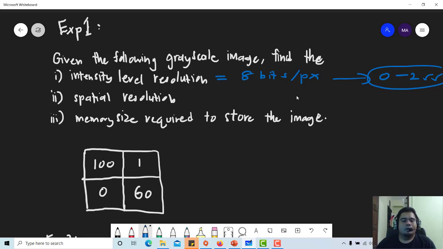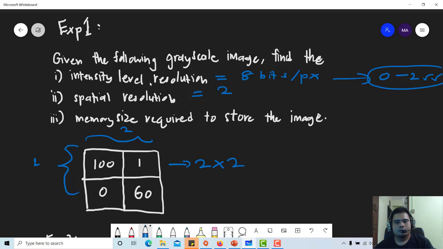So how about the spatial resolution? How to find the spatial resolution? Again, the spatial resolution is the number of pixels. How many pixels here? It's 2 here and 2 over here, so it means 2 times 2, or equal to 4 pixels.